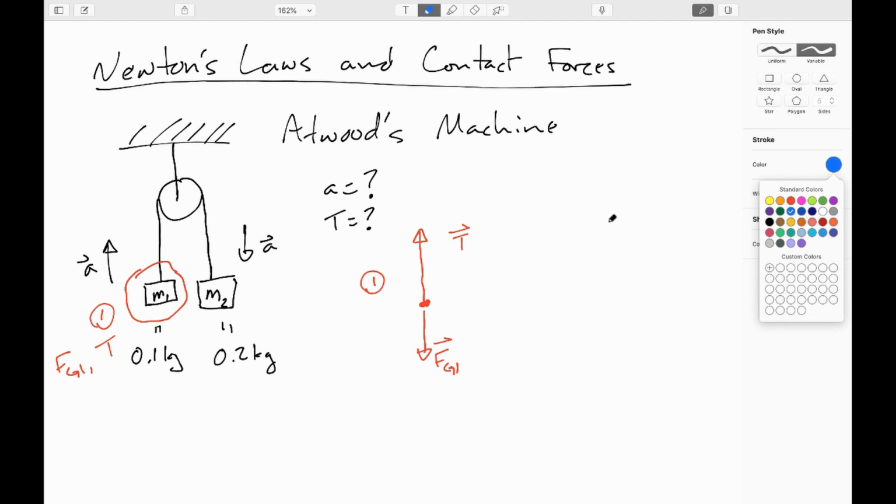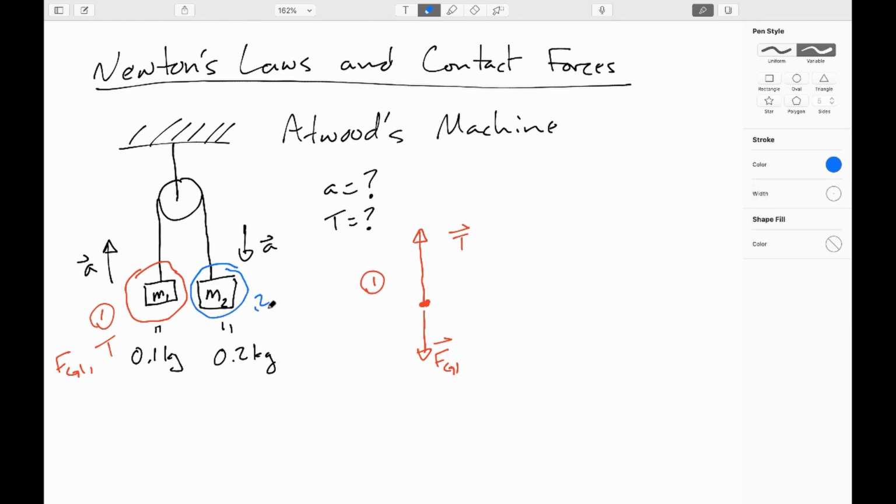For that, we need to pick another free body in the problem. In this case, our mass M2. You can draw a free body diagram for that mass as well. And again, we will have the force due to tension in the string acting up, and the force of gravity acting down.